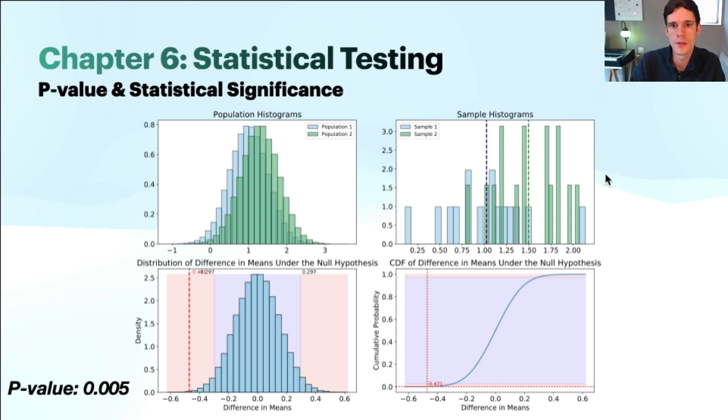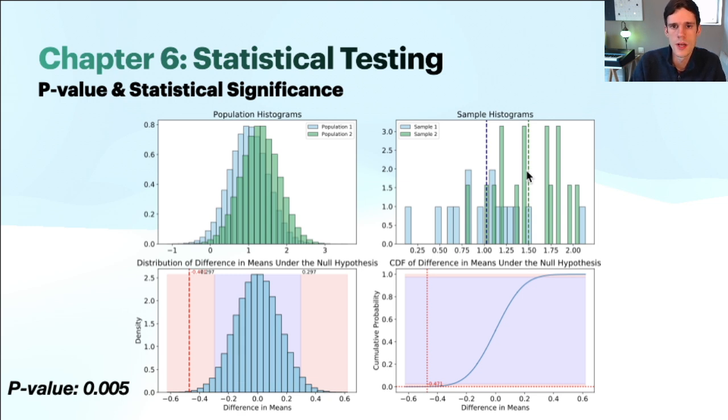If we compute the mean for each sample, which is represented by this vertical line, we see that there is indeed a difference in sample means. However, just by looking at this histogram, you wouldn't want to make any conclusive statements about whether the difference in means of these samples indeed translate to a difference in means of the underlying populations.